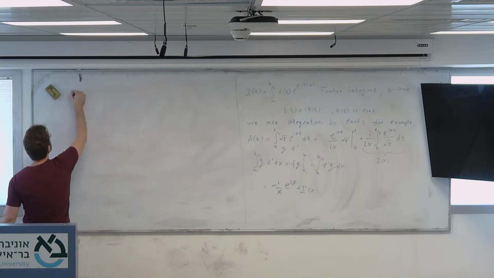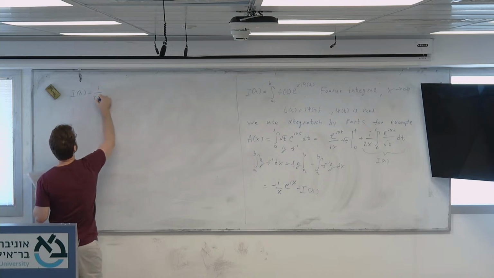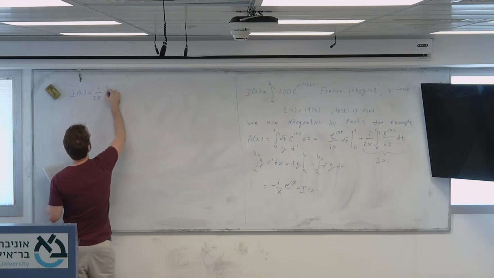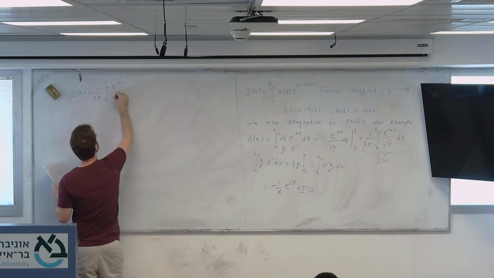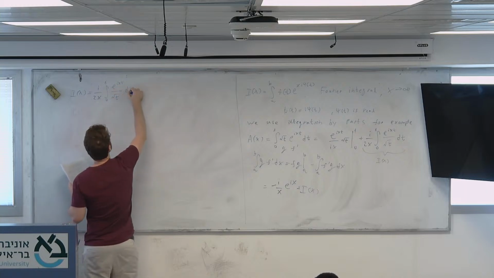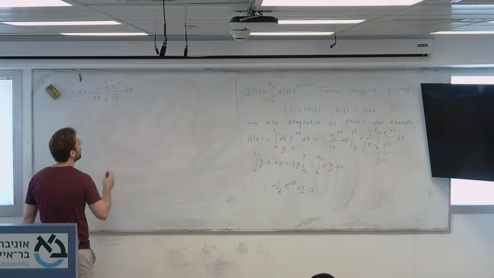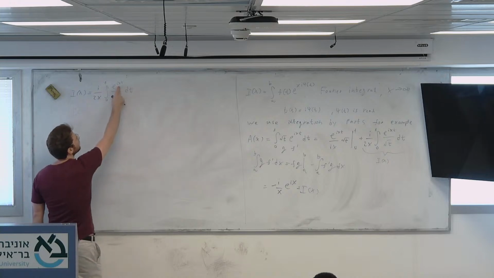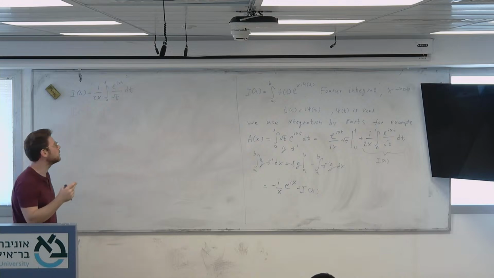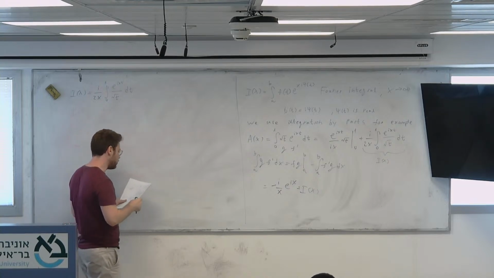Okay, so we have the following. The idea is that we want to somehow transform this integral into a gamma form, right? For gamma form, we need to have something at the exponent which is not imaginary, right? We don't want something imaginary.